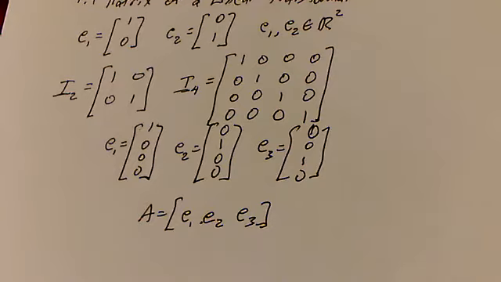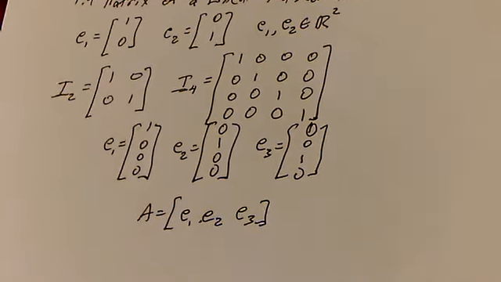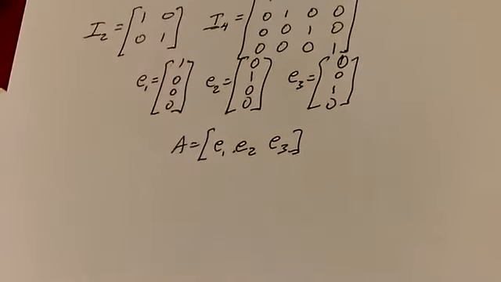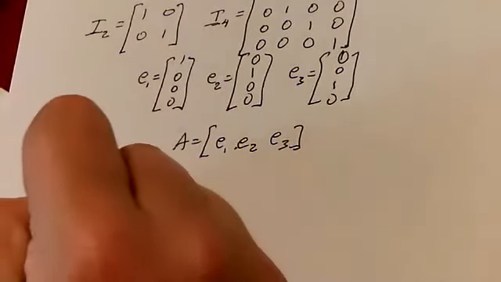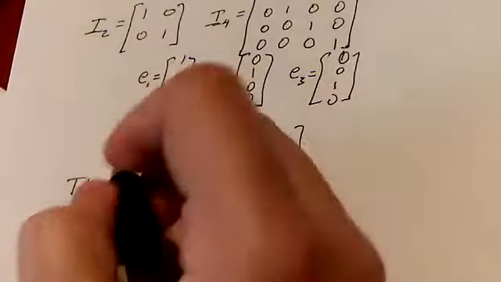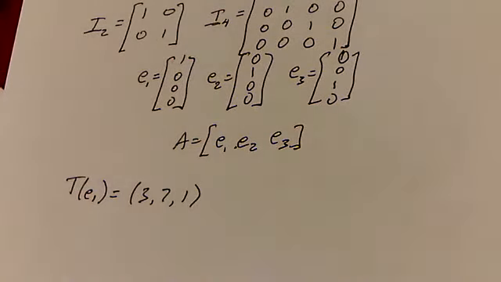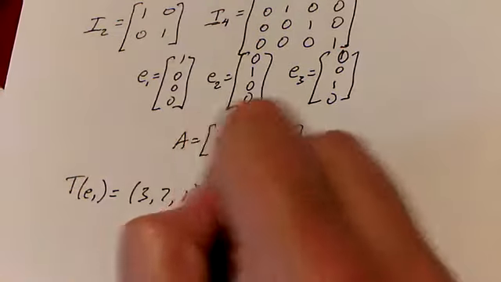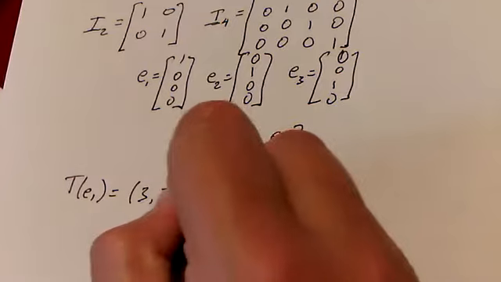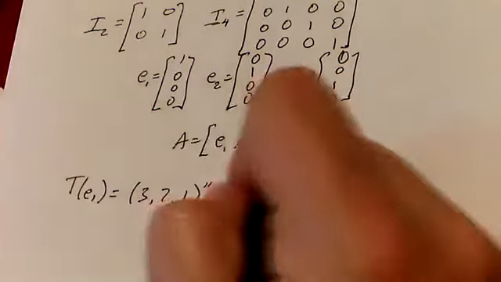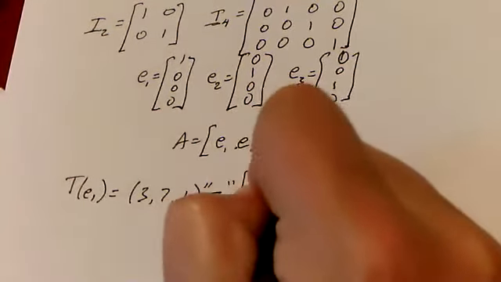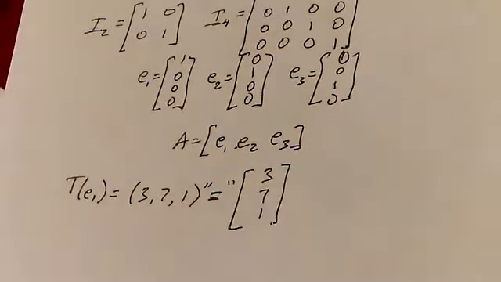Now, one of the things we talked about last time was using the transformation we have to go with those identity matrices. So if I have T of E1 equal to 3, 7, 1, you'll notice here I'm going to write this as a row vector or as an ordered triple. I'm using equals in quotation marks here because these aren't really equal, but they represent the same thing: 3, 7, 1 written horizontally with commas, or the column vector 3, 7, 1.